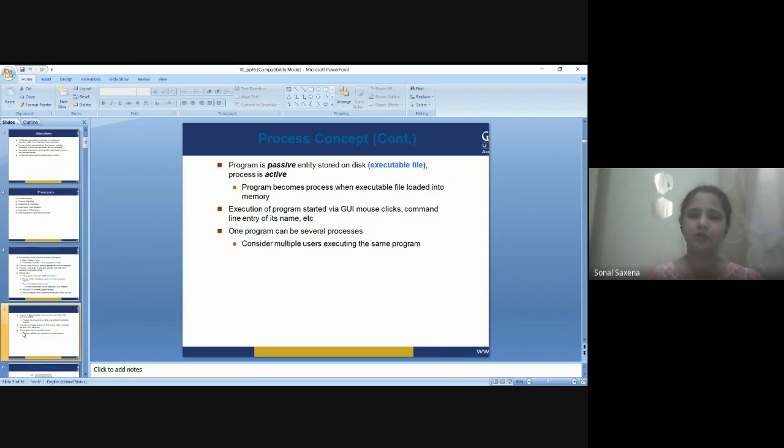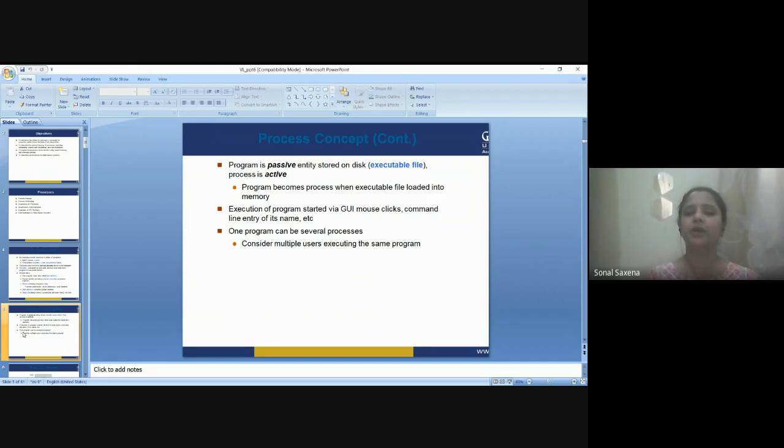For C, your code is already there. Behind C, the piece of code of C is already existing in your system. But once you click that C, the program becomes active, and it converts into a process. And as soon as you click it, the operating system will rise up, and it will instruct the further systems to do whatever you are instructing it to do, right? So this is how a process gets initiated.